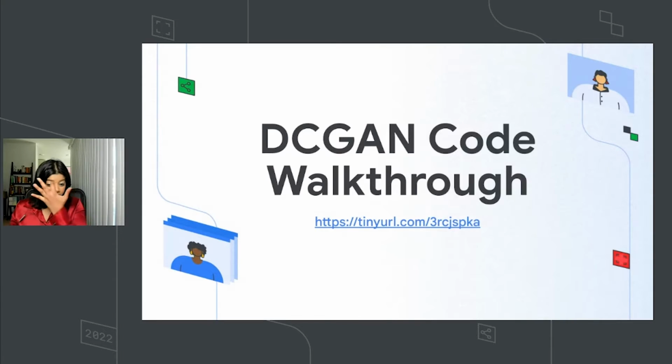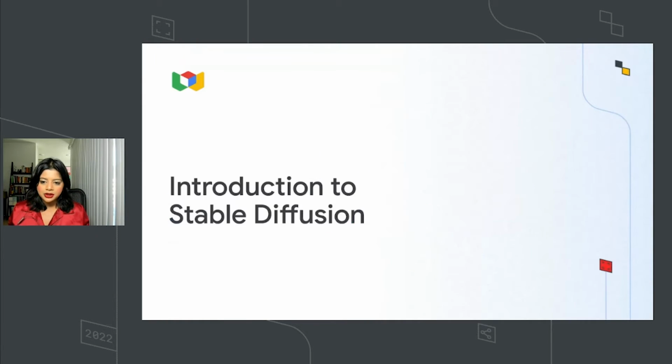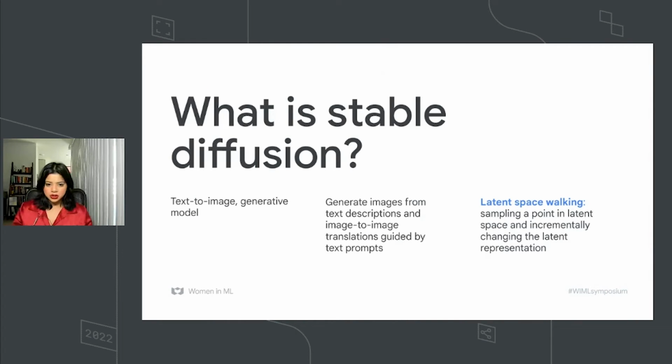That was the overall, a quick overview of generative adversarial networks. I'm going to move on to stable diffusion. So stable diffusion might be a newer concept to a lot of people, but essentially it is a text-to-image generative model.